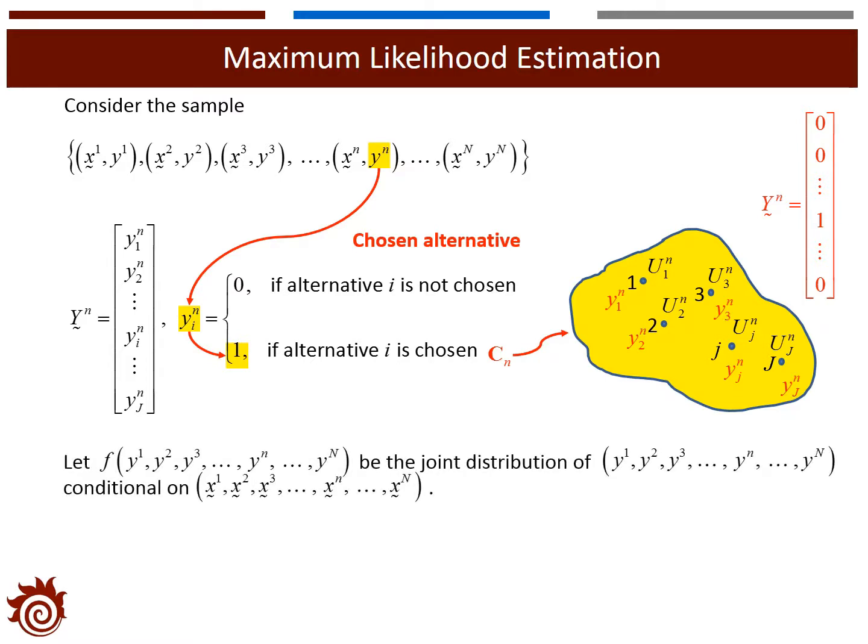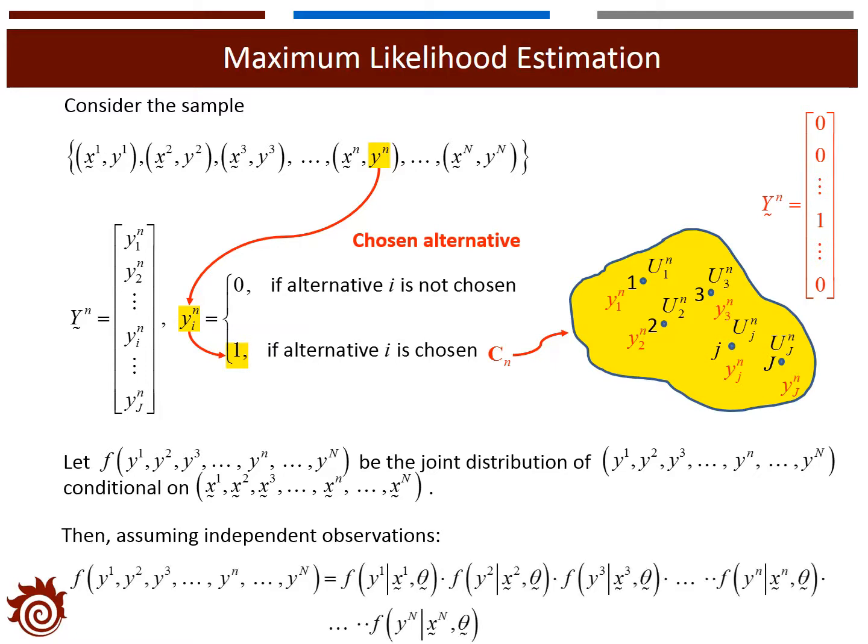Also, for this sample, we will have n observations, which means it contains n selections from n individuals. Then we can find the joint distribution for y_1, y_2, until y_n, with the condition of x_1, x_2, until x_n. It's also straightforward to assume that each observation is independent in a sample.